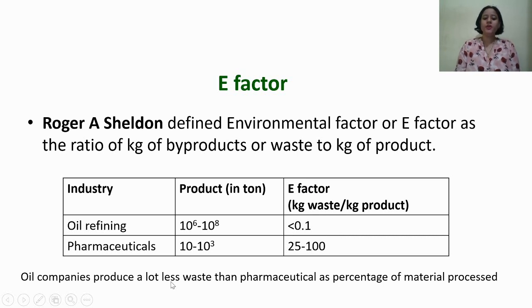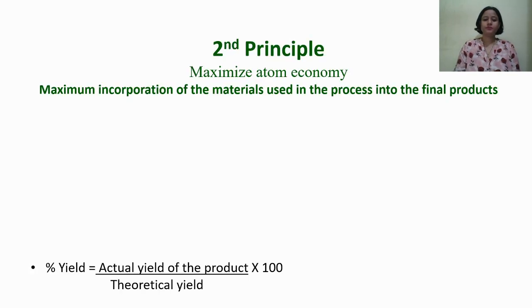So oil companies produce a lot less waste than pharmaceutical companies as a percentage of material processed. So we can say the lesser the value of E factor, the better is the production. So here we should try to minimize the E factor of a reaction in industry.